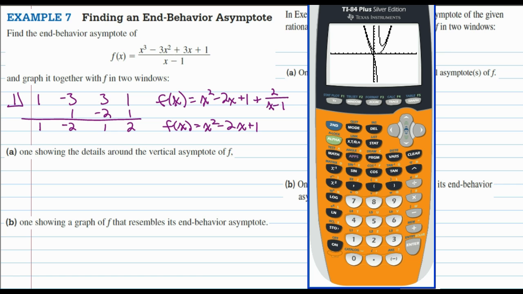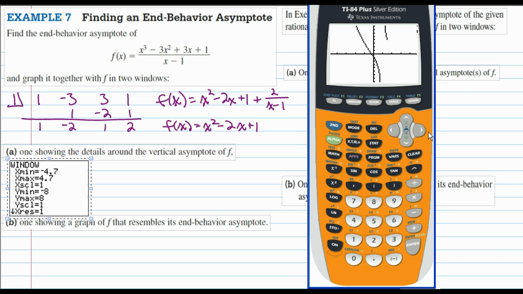Part A asks us to show a window with the details around the vertical asymptote of f. So I need to shrink down my x min and x max a little bit, and maybe shrink down the y min and y max too. Now I can see the original graph and this new one, and it acts nothing like the original in the middle.